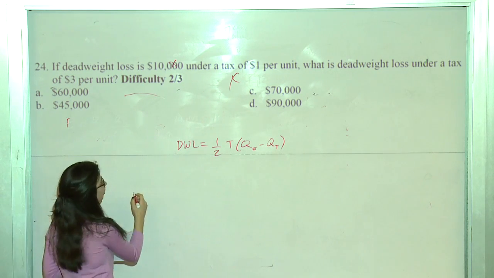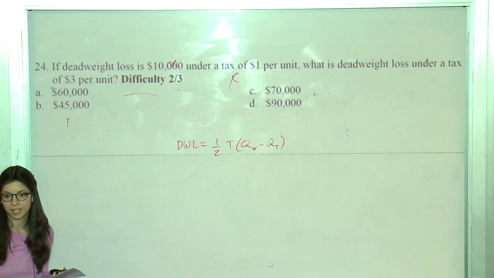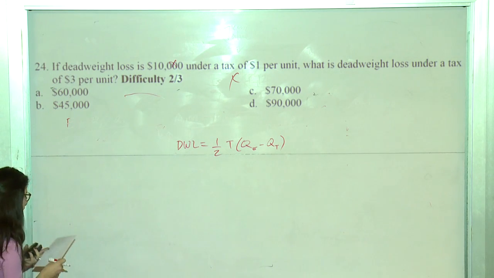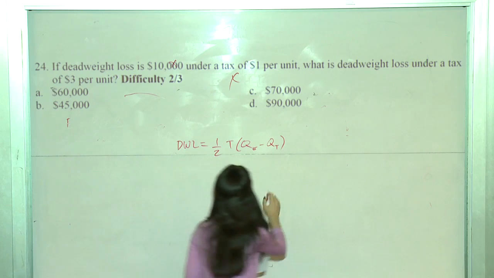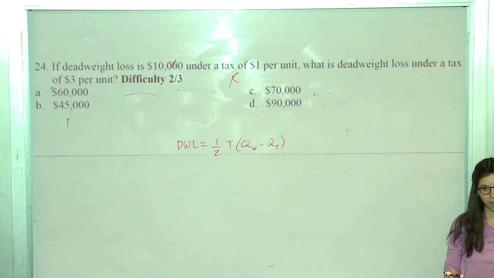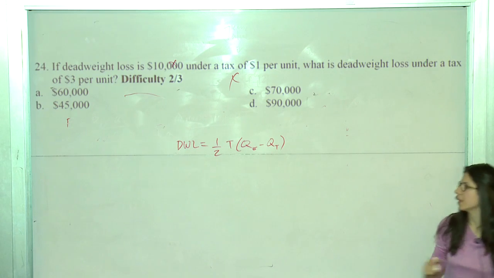If the tax increases by a multiple of, let's say, C, just an arbitrary constant, then the distance between these two quantities also increases by a multiple of C. So here's what I mean.